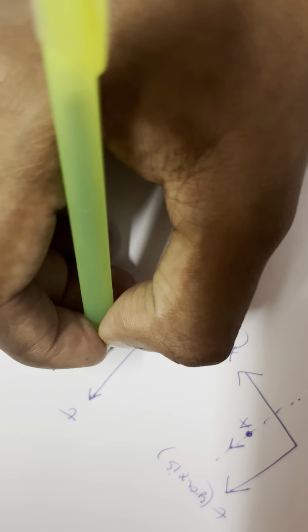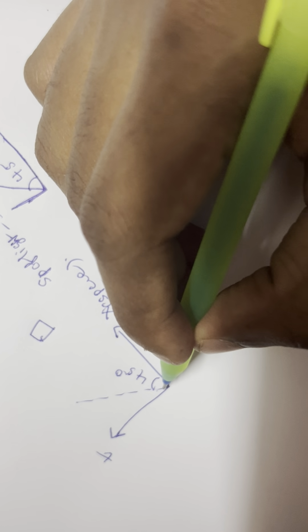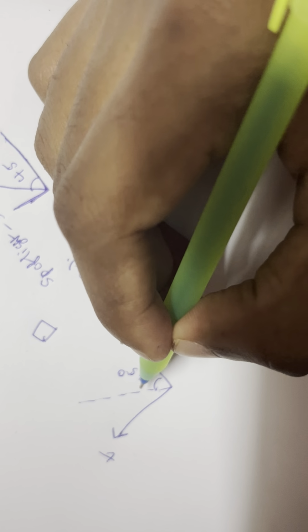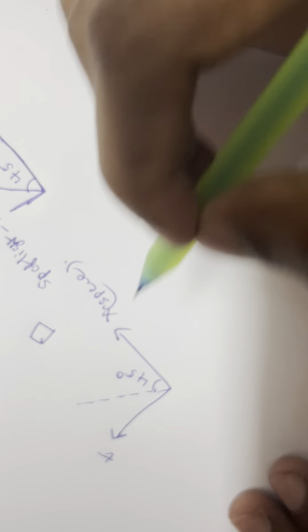So light will always travel at a 45 degree angle. We know that 45 degrees is the constant for the speed of light.